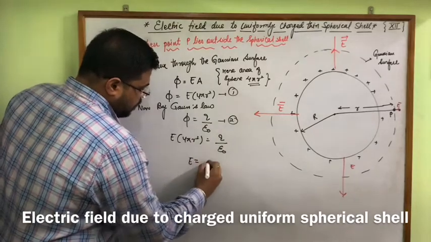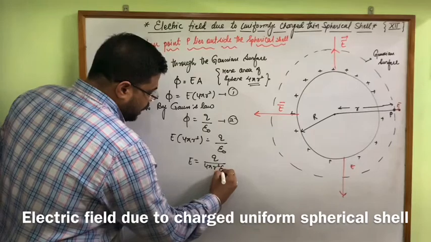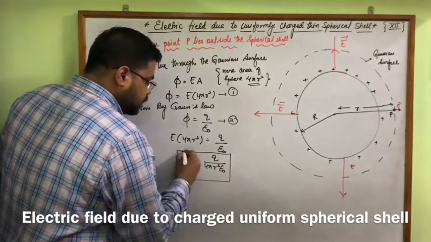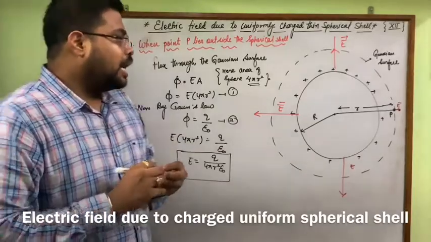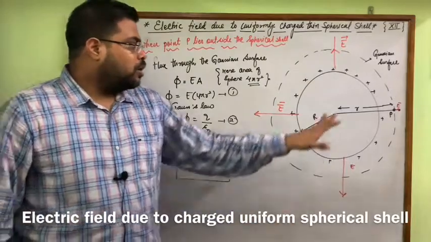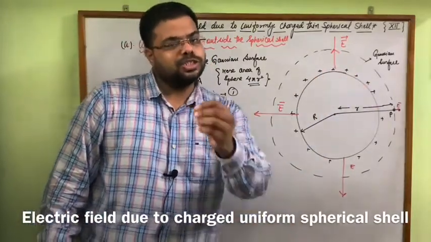Now E will be Q upon 4 pi epsilon naught r squared. So this is the electric field intensity at the point P, which is just outside a charged thin spherical shell.